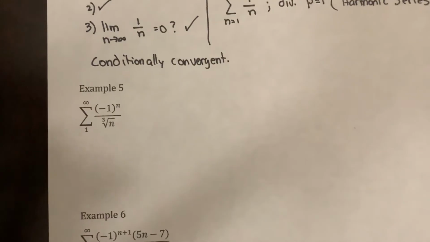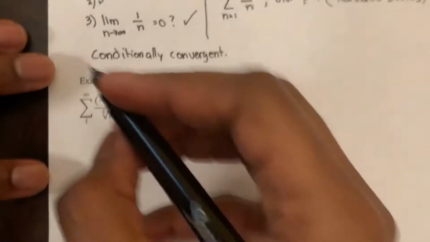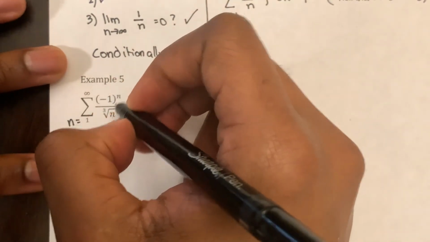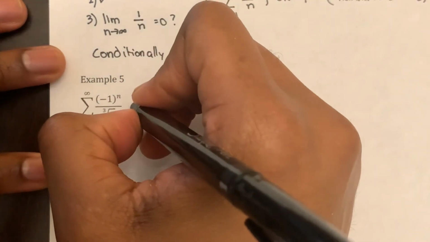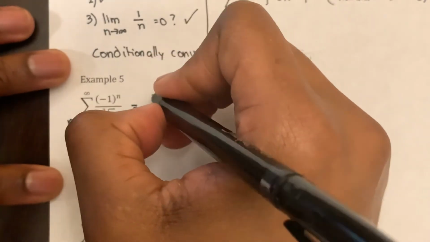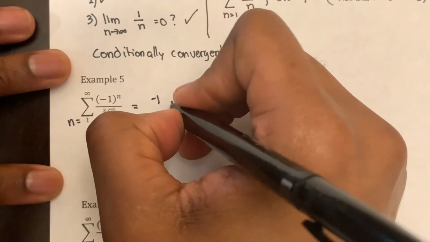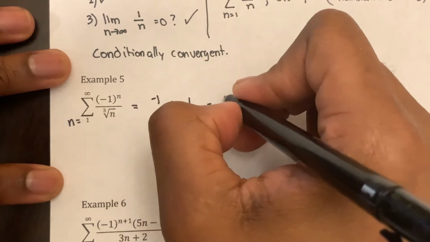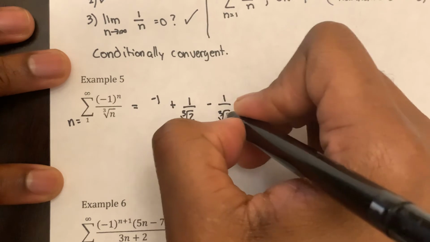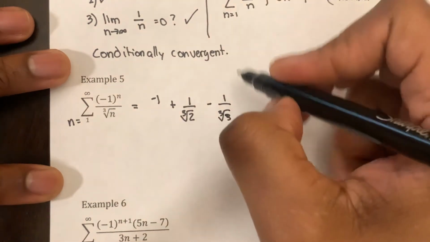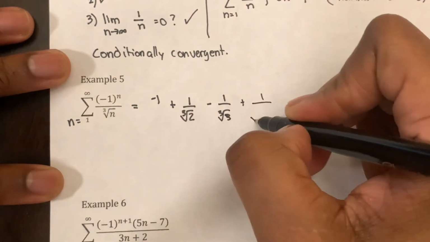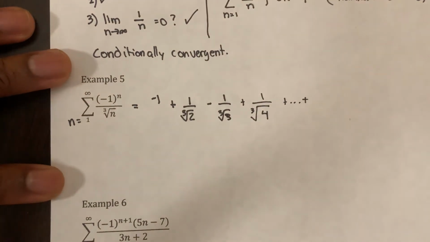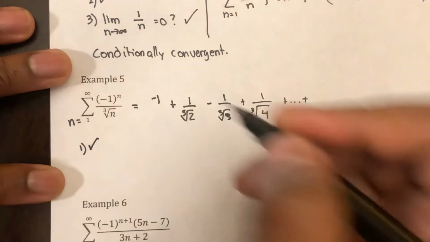For example 5, we have the series from n equals 1 to infinity of (-1)^n over the cube root of n. If we list out the first couple of terms, we'd have -1 plus 1 over the cube root of 2 minus 1 over the cube root of 3 plus 1 over the cube root of 4 plus so on. So for 1, do they alternate in sign?